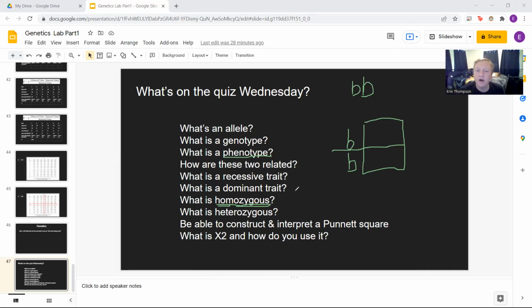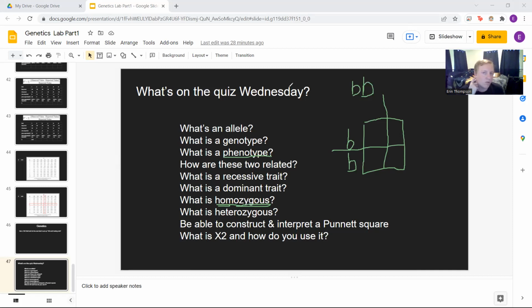So we are both homozygous recessive. Now my dad has brown eyes. Does anyone know what his alleles are? What's my dad's genotype? Folks are saying heterozygous, or big B, little b.